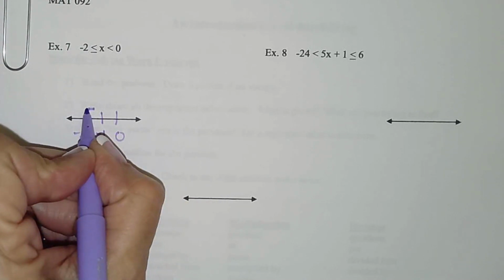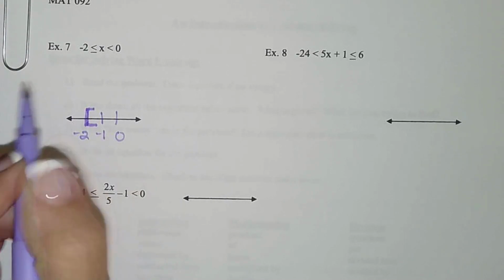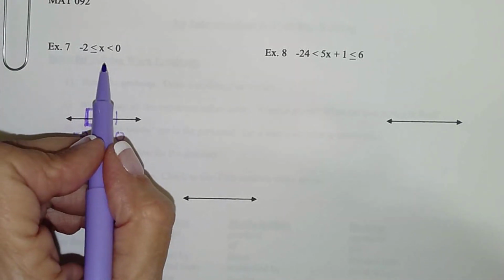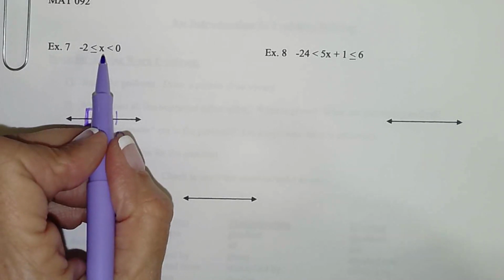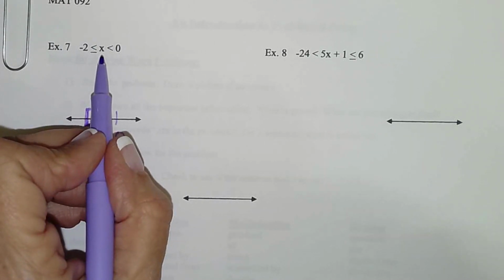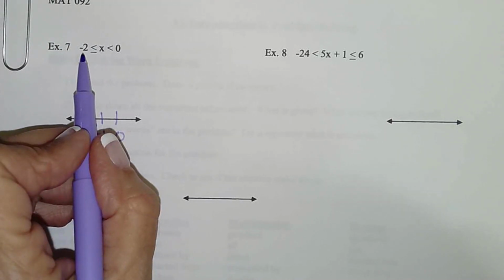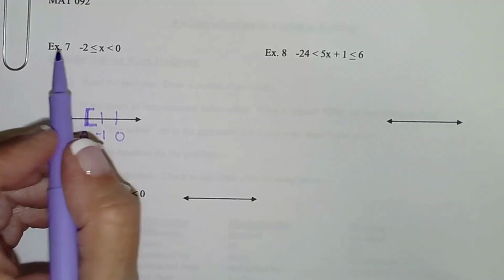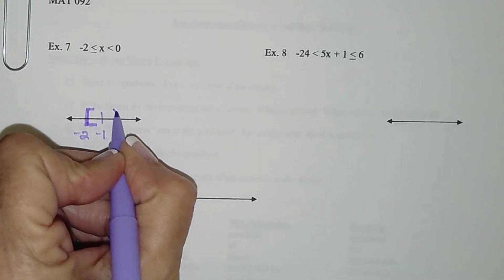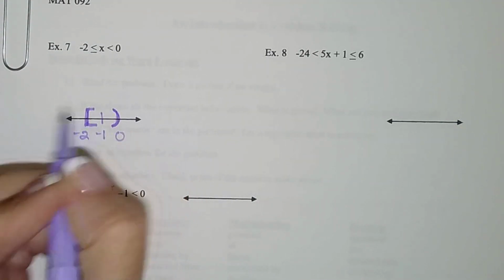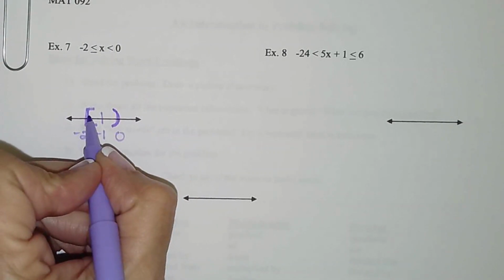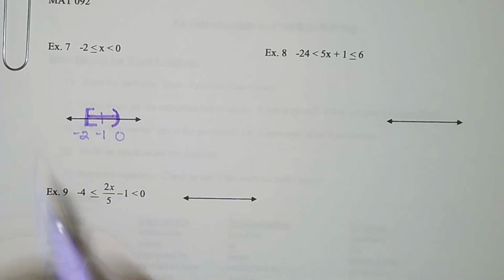Bracket at -2. And we know from lesson 1 and from the beginning of this lesson, this means x is in between -2 and 0, including -2. So the 0 gets a parenthesis because it has no equal sign, and we shade everything in between.